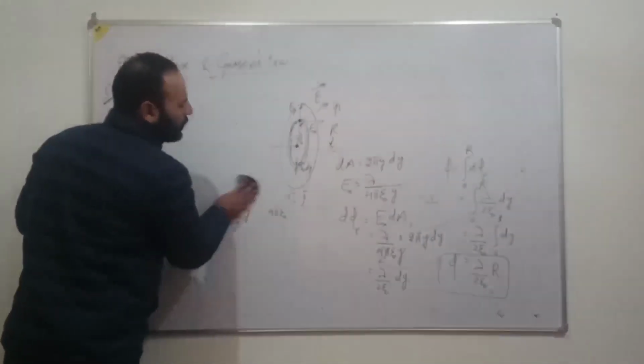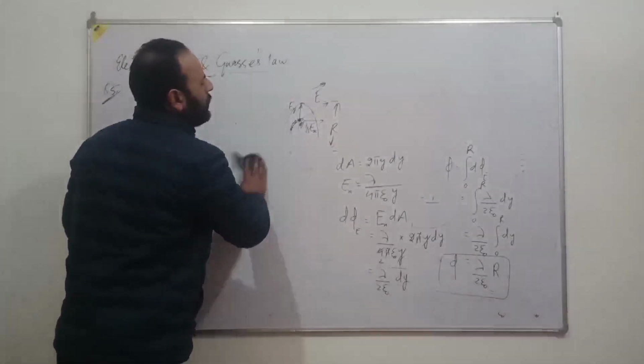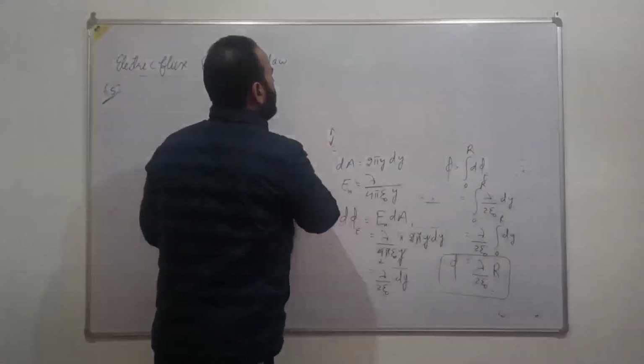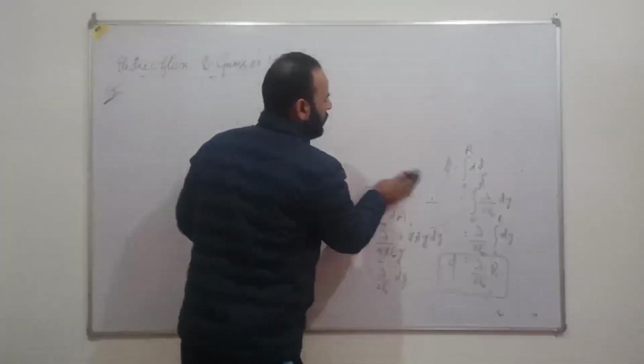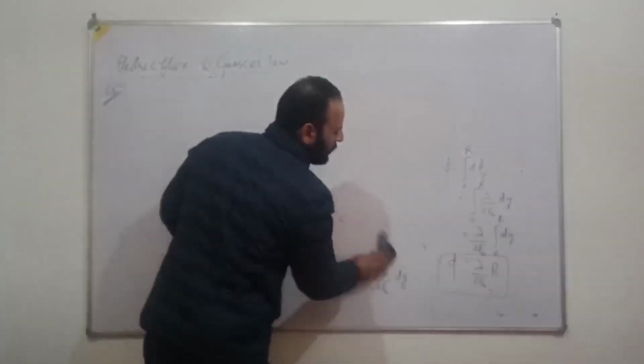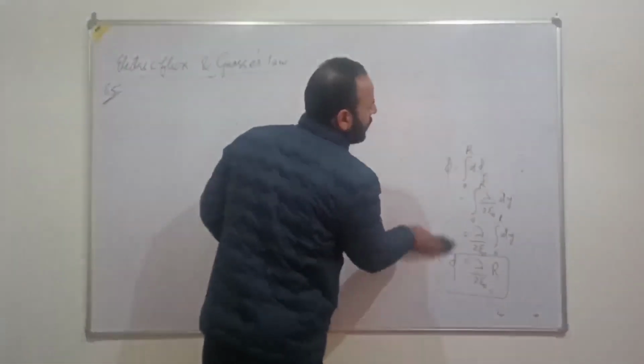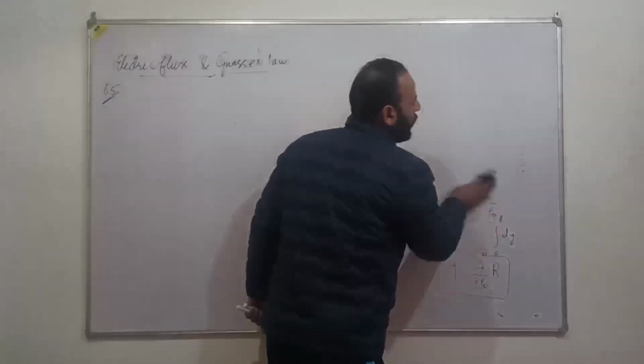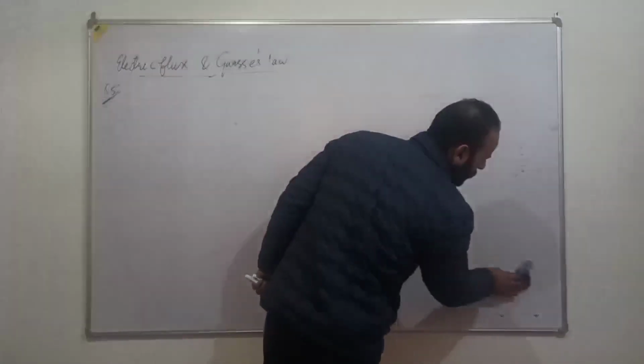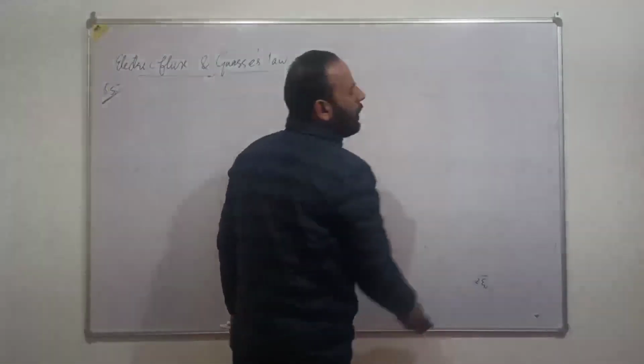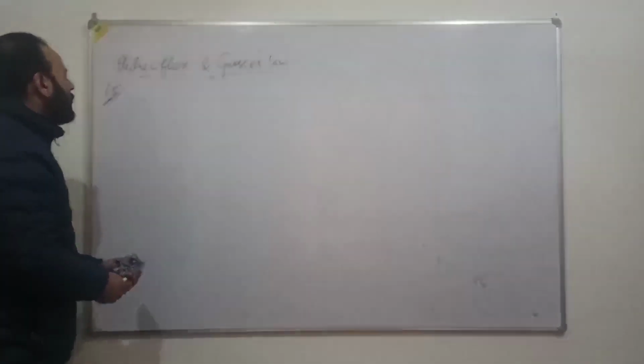But we may have questions of different types. For example, we have a line charge, and in front of the line charge we have a wire frame, which may be a rectangular wire frame or a square wire frame.